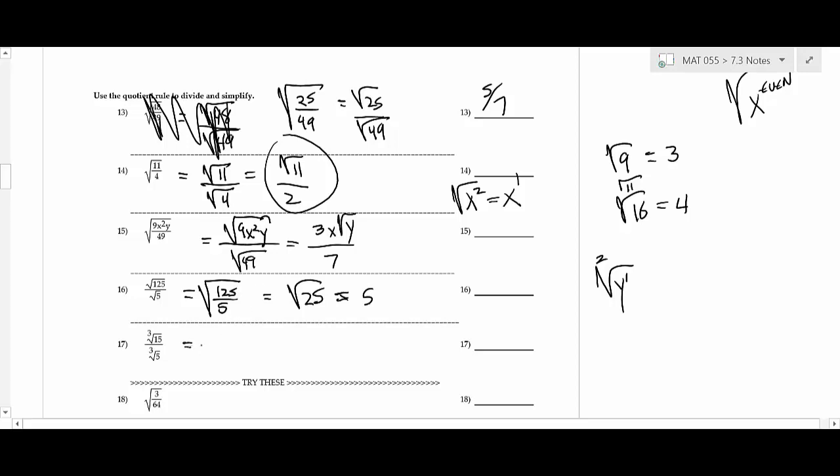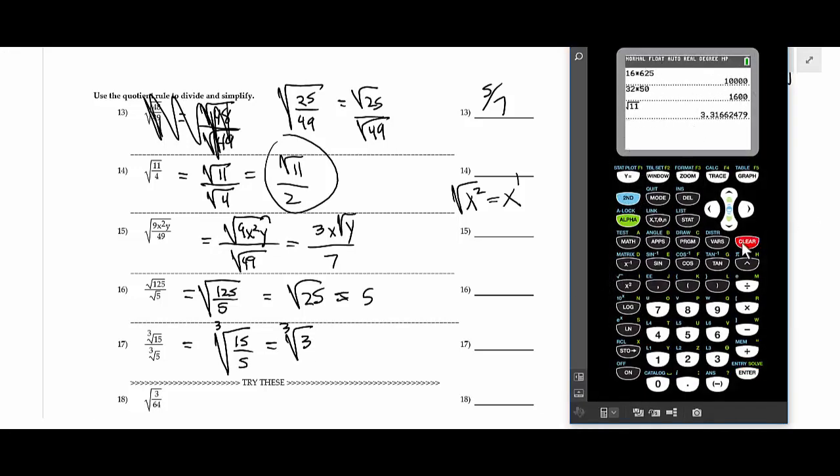Okay? So if I do this one, they're both cube roots. Now they both have to be the same radical. You couldn't have a third root and a fourth root because then you can't do it this way. So this one you could do cube root of 15 over 5, right? Okay, well, what's 15 over 5? We'd have cube root of 3. Now, that's not one of the ones you know a cube root of.